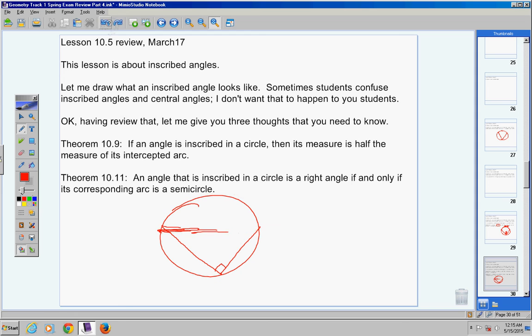And also, the converse of that is true. If I know for sure that that's a diameter, then I know for sure this is a semicircle right here, half a circle. I would then know that this angle here, which is totally intercepting this arc here, this angle here would be 90 degrees, okay?